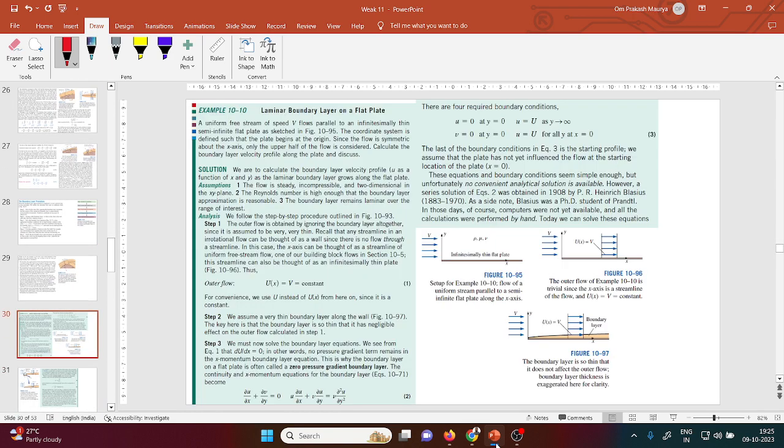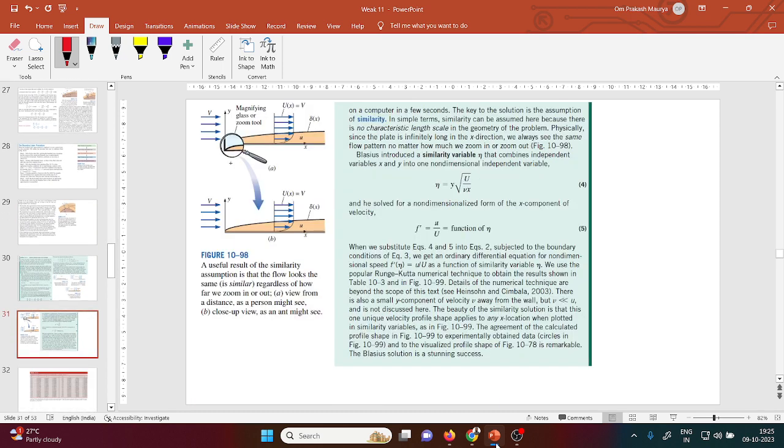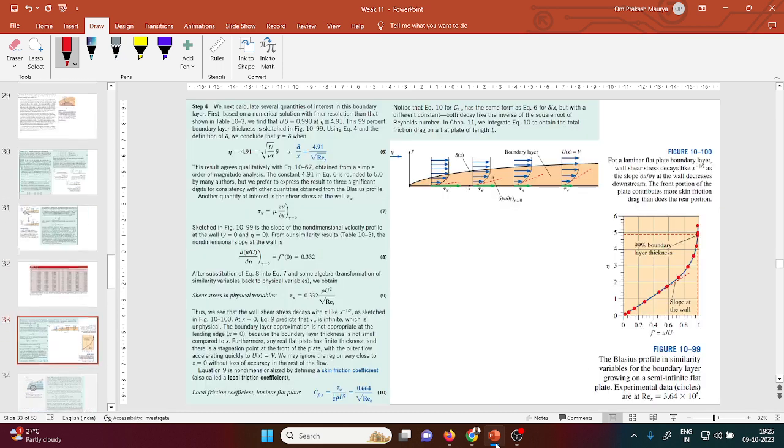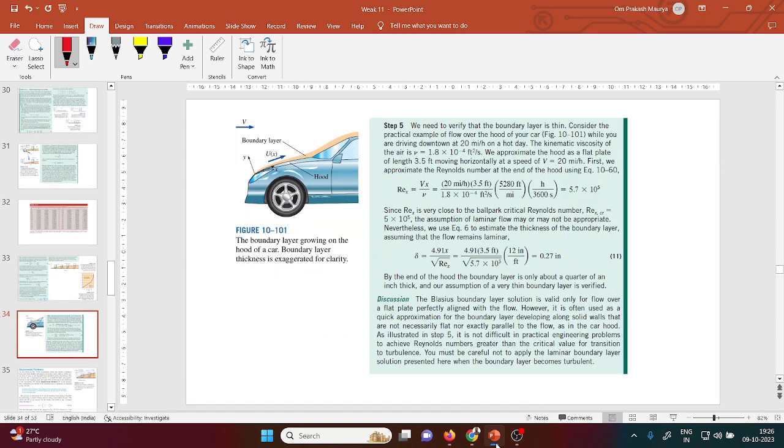I have one question related to this example 10. When we solve the last problem, this will help a lot. Or you can take a screenshot.